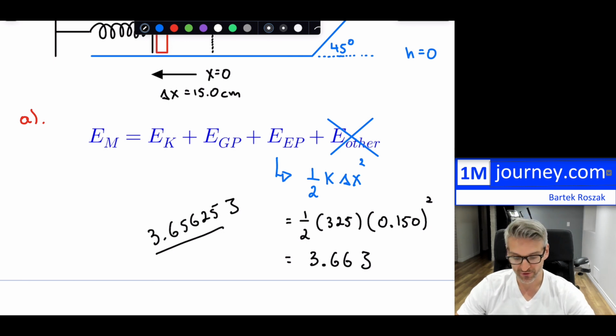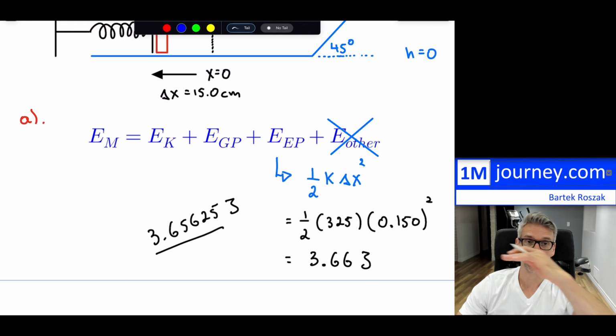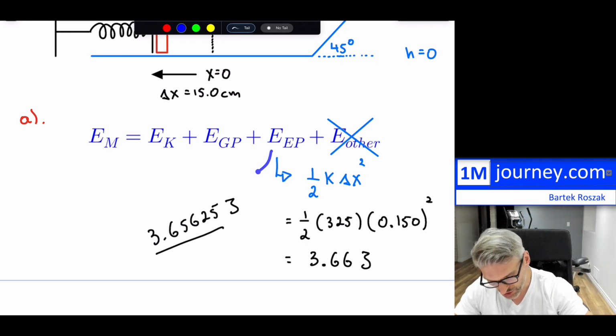Now by the law of conservation, if this gets released, that energy is going to get transferred into one of these. At first, since it's going to be on the actual surface, it's going to be purely shifting over to kinetic energy.